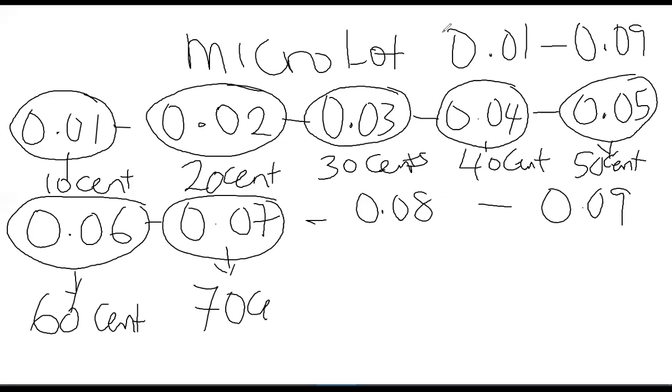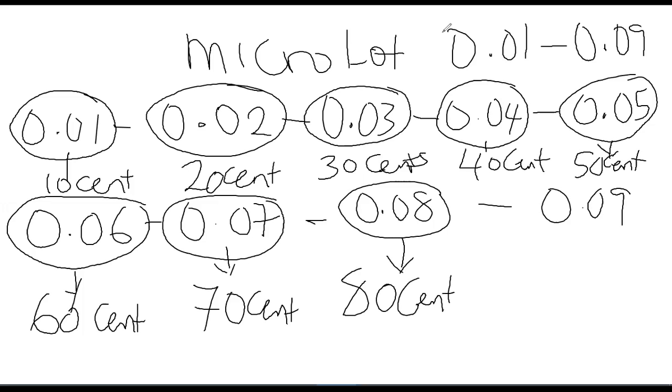Now, if you trade 0.08, one pip is going to be 80 cents. Now, if you're trading with 0.09, one pip is going to be 90 cents. That's awesome.